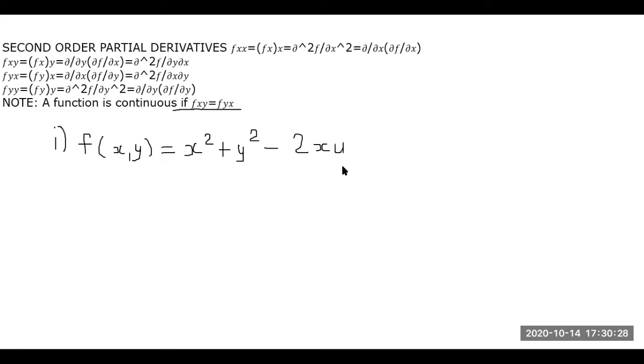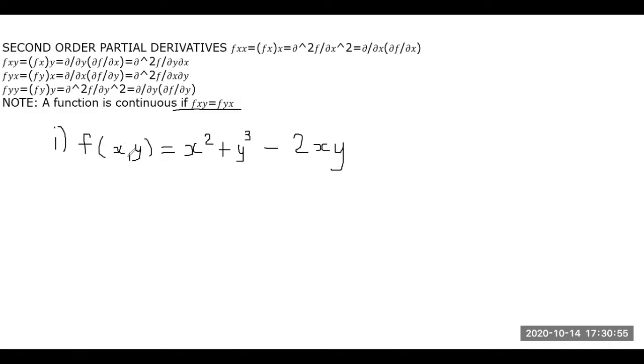Now, let's use y cubed, just to change it up. So x squared and y cubed. Let's change up the question a little bit, to make it a little more challenging.